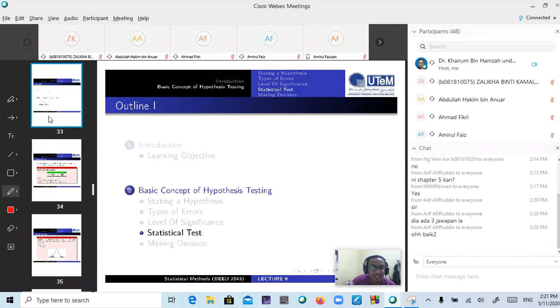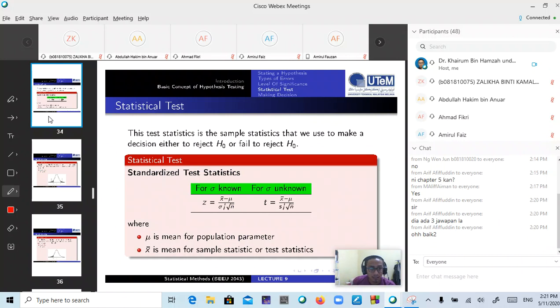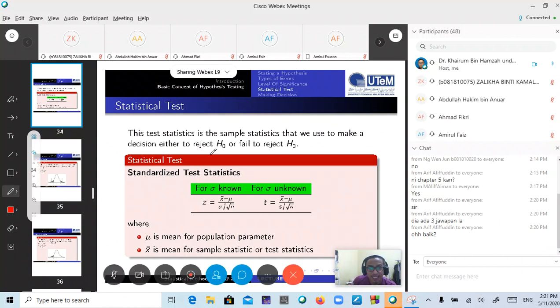Okay. Statistical test. In order to make a decision, we have the statistical test. We are using Z and T. Z for sigma known, T for sigma unknown.